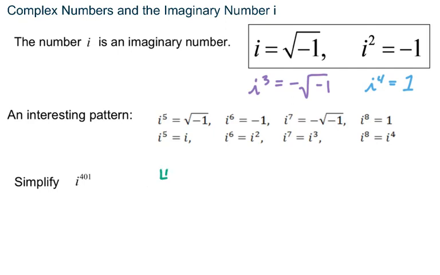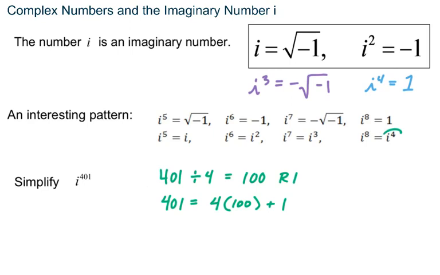So if I take 401 and divide that by 4, I'm going to get 100. It goes in there 100 times evenly, and I'm left with a remainder of 1. So in a sense, I could say that 401 is equal to 4 times 100 plus 1.